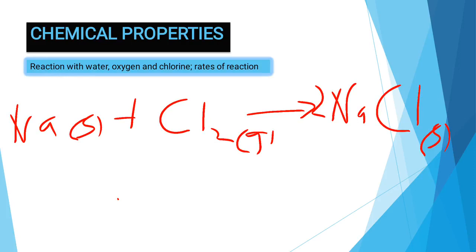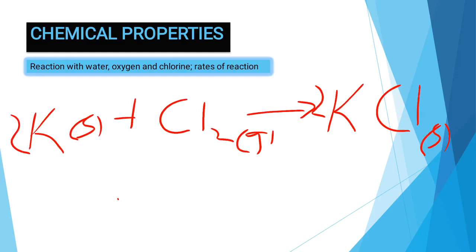You do the same. You replace sodium with potassium, and don't forget to balance the equation. And that's all for the chemical properties of the alkali metals.